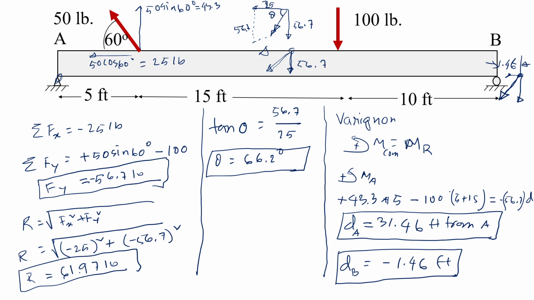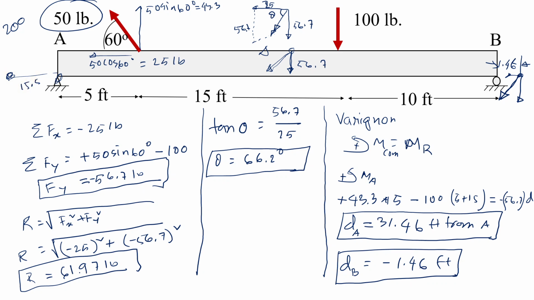I changed this number in a couple of ways. In one, I changed this 50 pound to 200 pounds, and then this gets an even more surprising result. If this 50 pound changes to 200 pound, keeping this 100 constant, the resultant goes to the left side, somewhere about 15.5 feet away to the left.